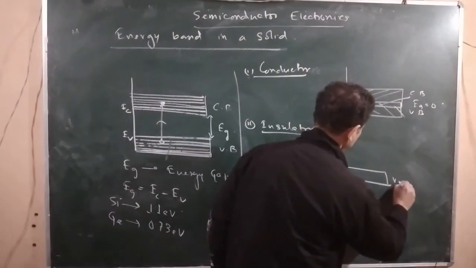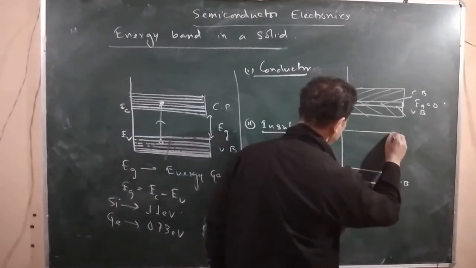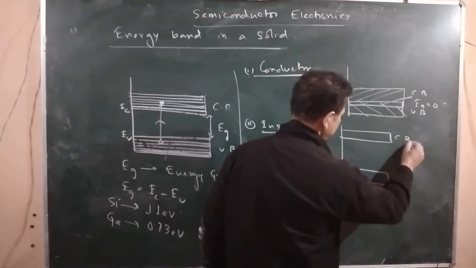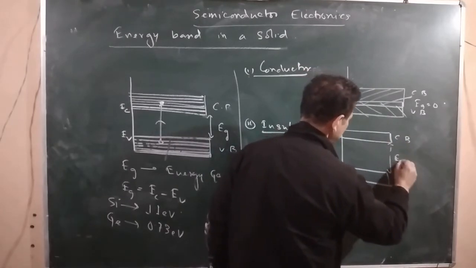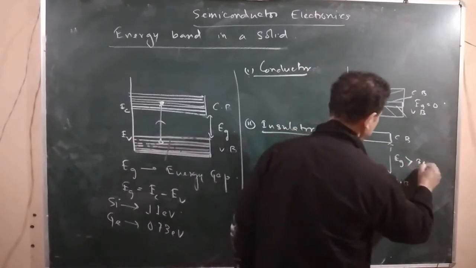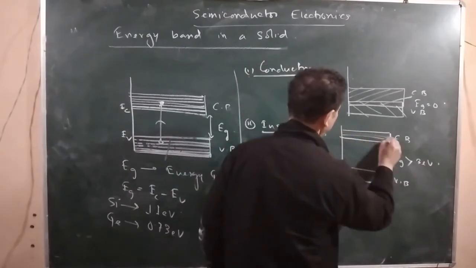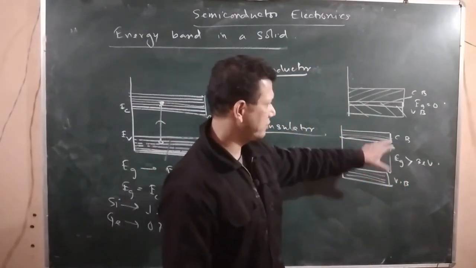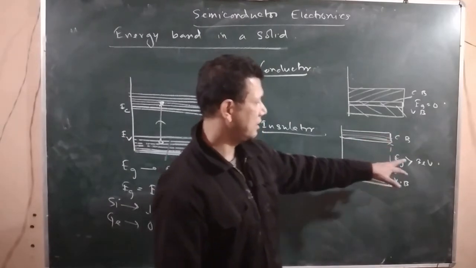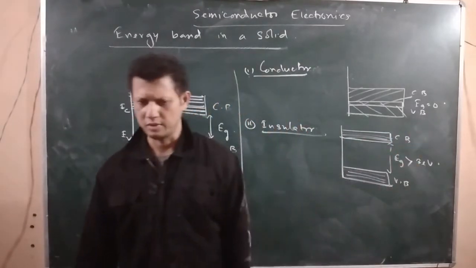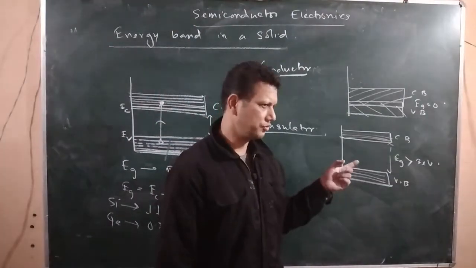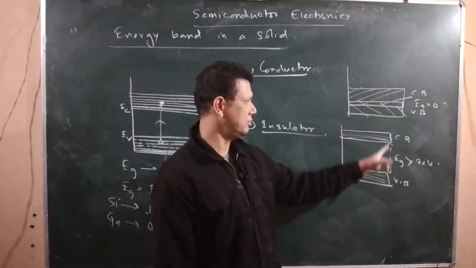Suppose this is the valence band and this is the conduction band, and this energy gap Eg is said to be greater than 3 electron volt in the case of an insulator. The energy gap between conduction band and valence band is greater than 3 electron volt, so a very huge amount of energy will be required to free an electron from the valence band to the conduction band.